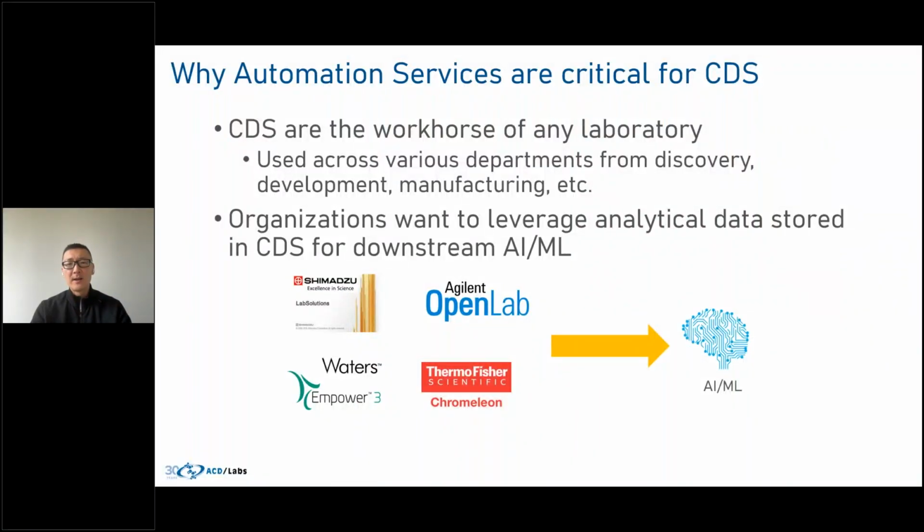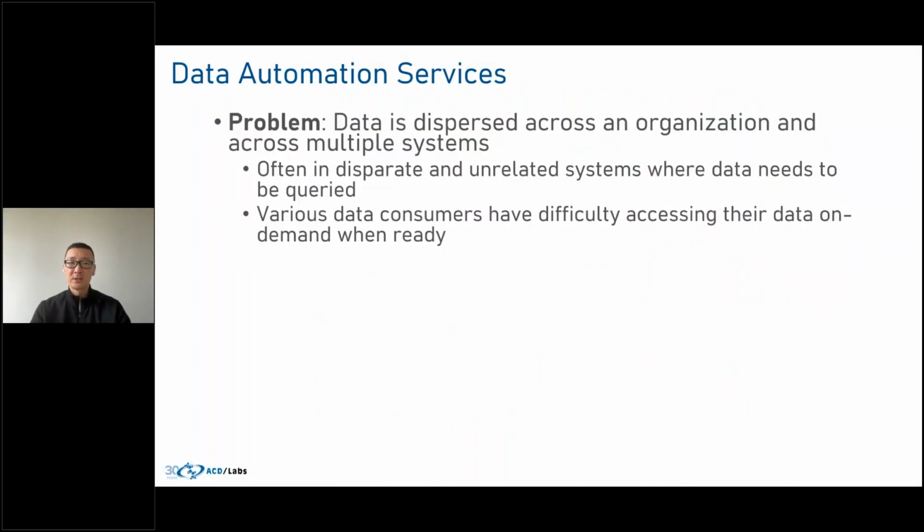So I wanted to touch on a few technology considerations and some of the challenges that you may face as an organization. We know that data is dispersed across an organization, right? So you could be in different labs within the same site. You may have different geographic locations. You could be on the other side of the globe, but still work within that same project.